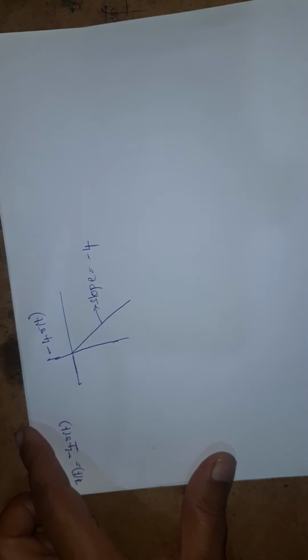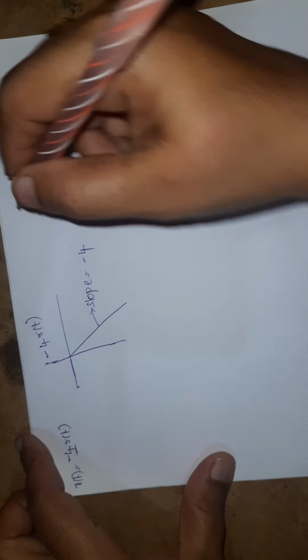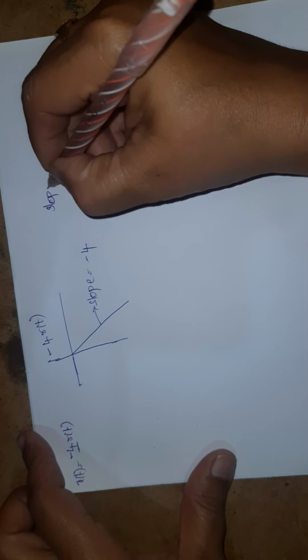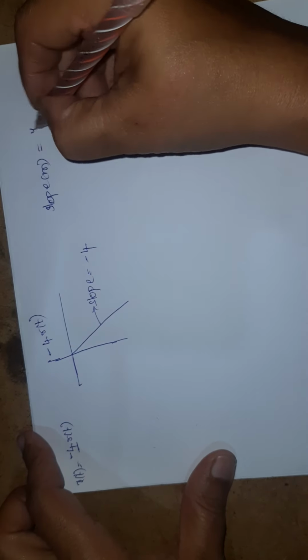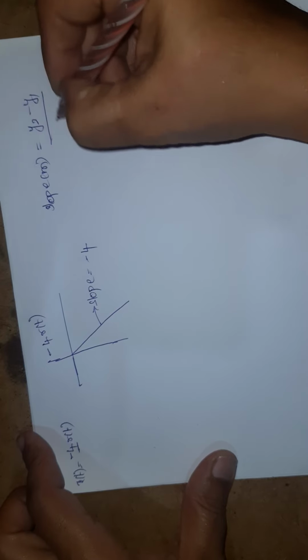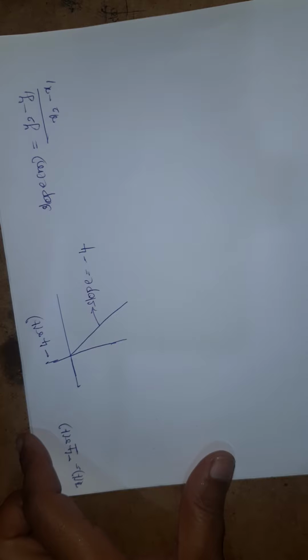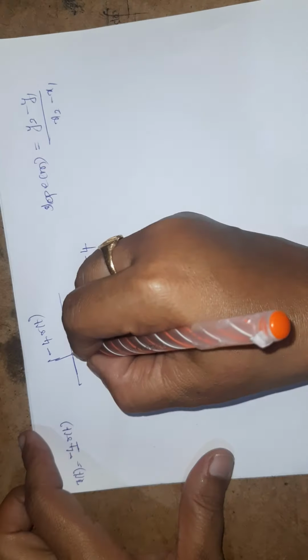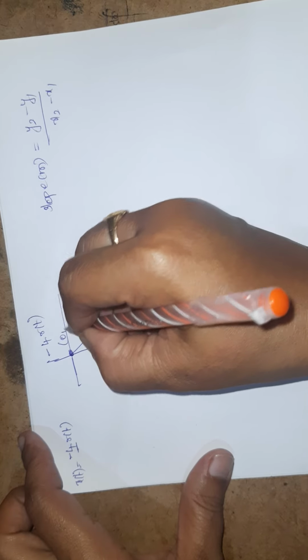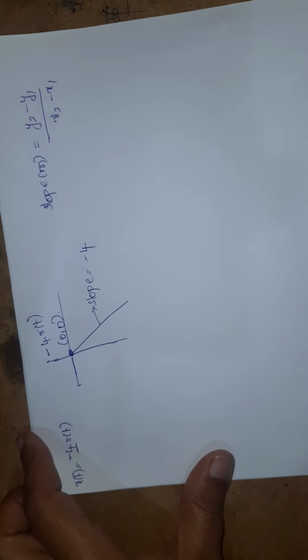So how do I draw this signal which is having the slope minus 4? We already know the slope formula, y2 minus y1 by x2 minus x1, and I know that always the initial values are considered as 0.